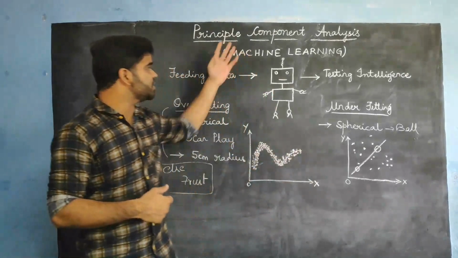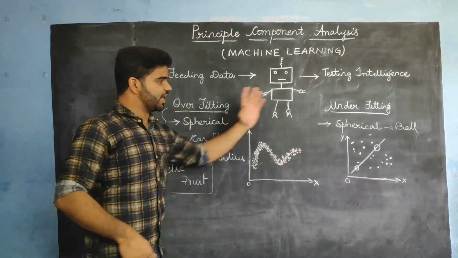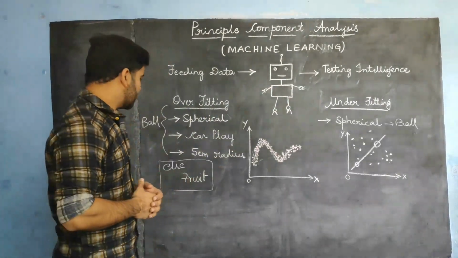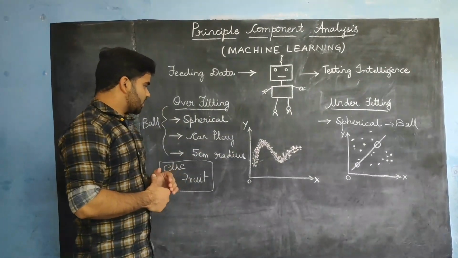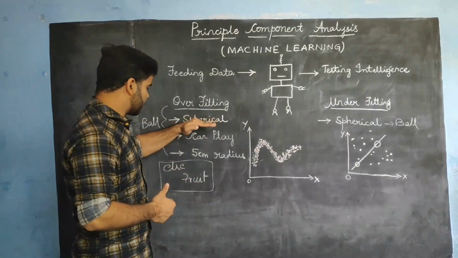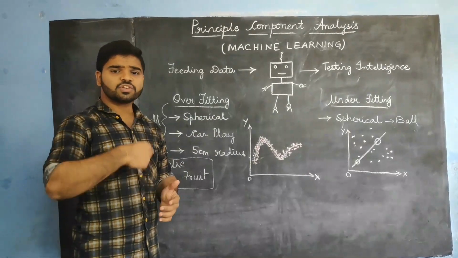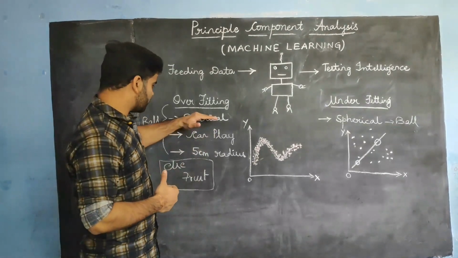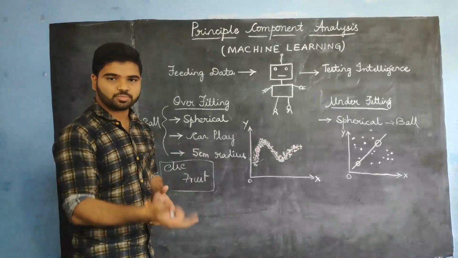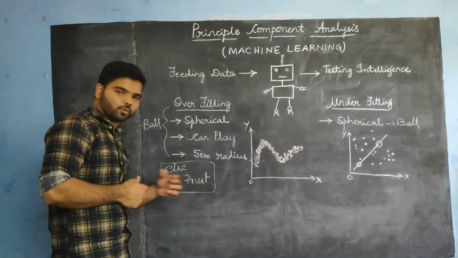So, before we get into Principal Component Analysis, let us see what overfitting and underfitting are. For example, we are going to train the machine with attributes like spherical, can play, and 5 cm radius. Whichever physical object has these attributes is termed a ball, else we are going to call it a fruit.